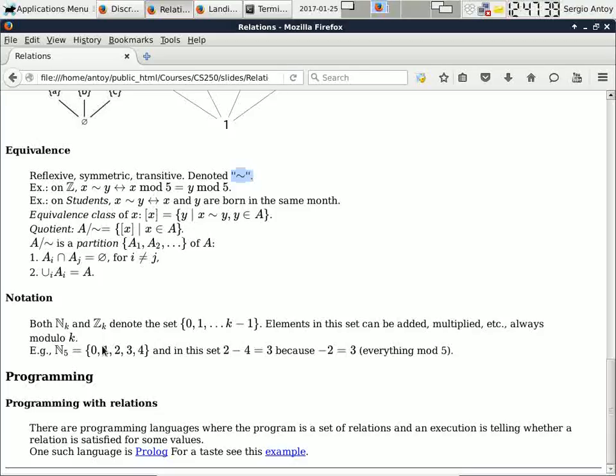You keep adding 5, or you keep subtracting 5 if you move the other way around. So the quotient is the one where you call these 0, 1, 2, 3, 4, and you have it. We are going to use this when we talk about encryption in a week or so from now. This is why we study these things, because when we do computations, they come about.